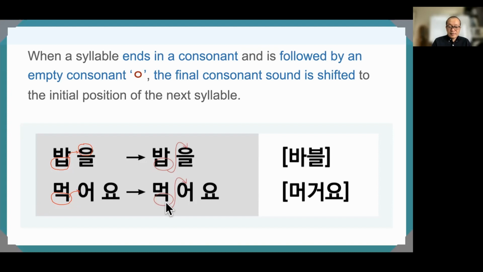So when we speak, we pronounce it like this: 먹어요. So let's practice one more time. This one is 밥을 먹어요. Okay, let's practice some more.